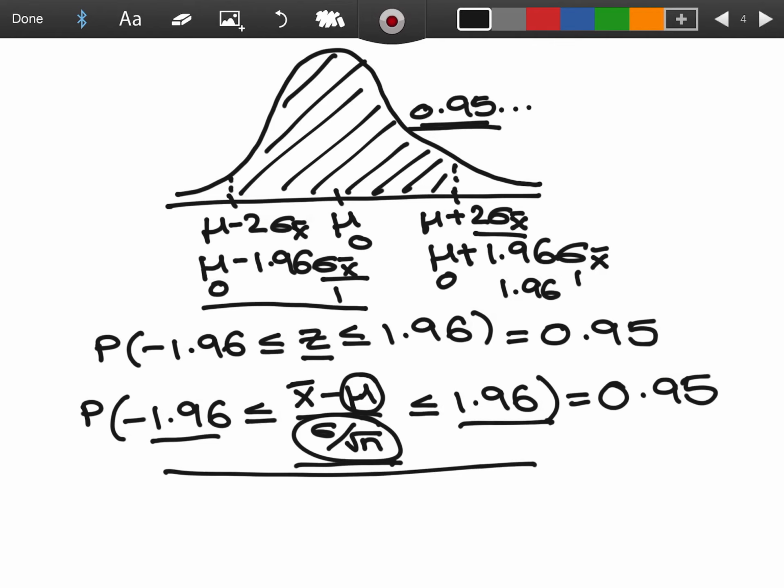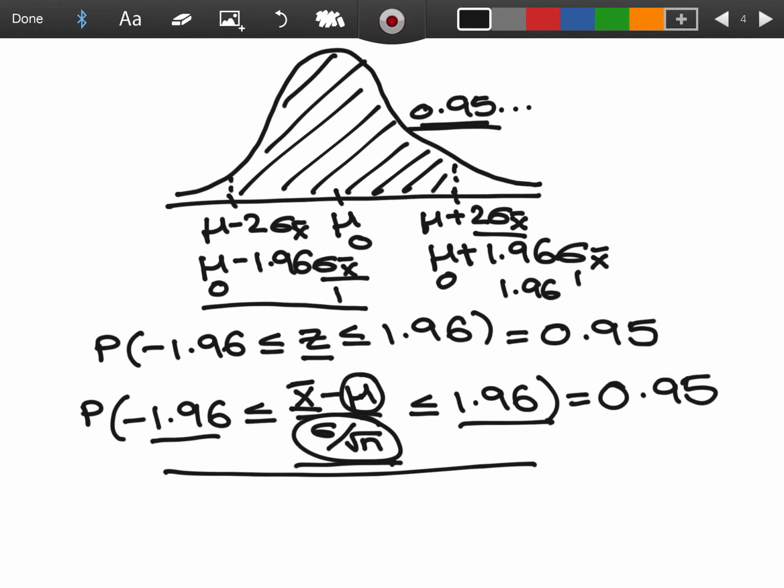So now I'm going to rearrange this formula. What I'm effectively going to do is multiply through by sigma over the square root of n. And then I'm going to subtract my sample mean all the way through.